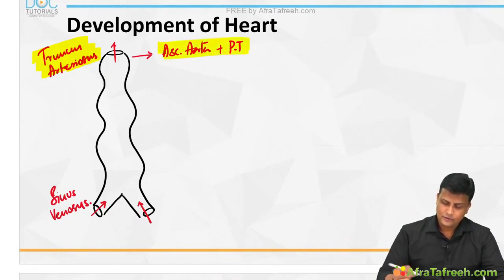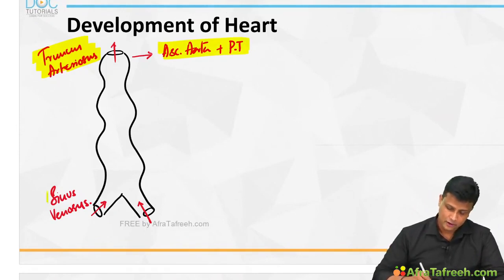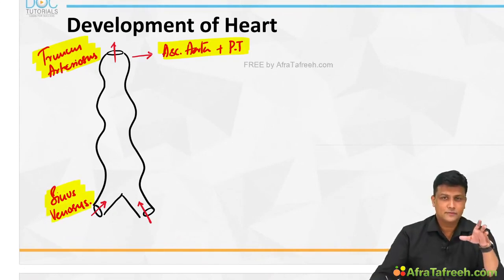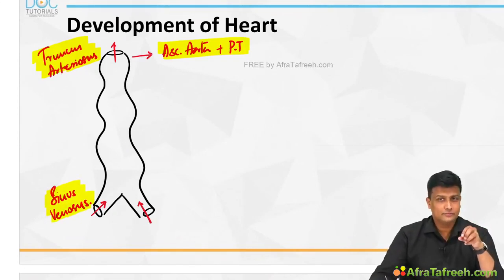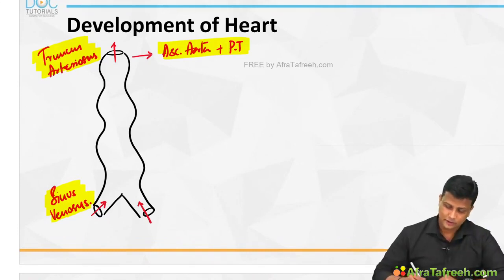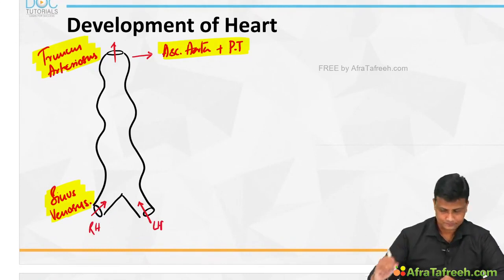And what about the one which is going to drain the blood in the heart? That will be the coronary sinus. And remember, coronary sinus has to develop from the sinus venosus. But I told you very clearly, the sinus venosus part is not completely fused. It is free, so it will have two horns, the right horn and the left horn.